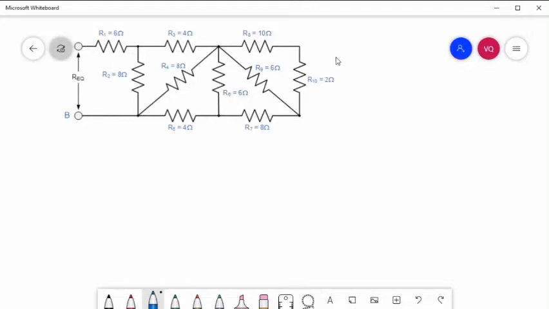So, we are going to solve R equivalent or the R total and the current in resistor R7. We will use source voltage or terminal voltage equal to maybe 12 volts.